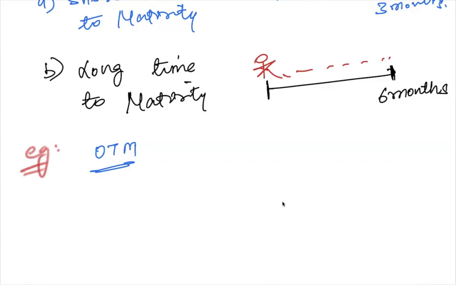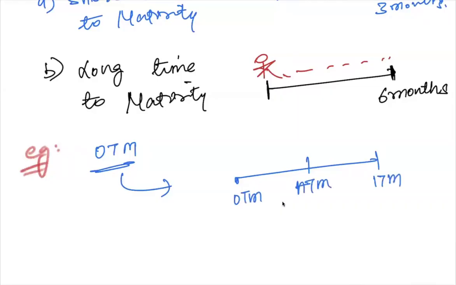In other words, there is a much higher probability of the underlying asset finishing in the money for a long time to expiration, right? So we have out of the money, at the money, and in the money. This is for a call option. Let's say as of now we are standing here.